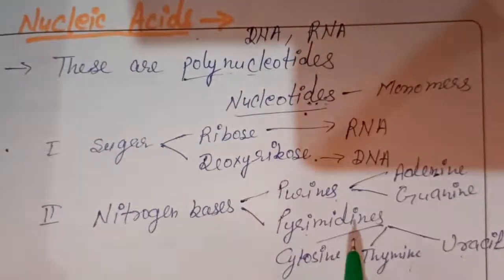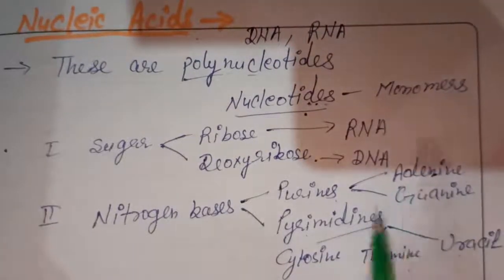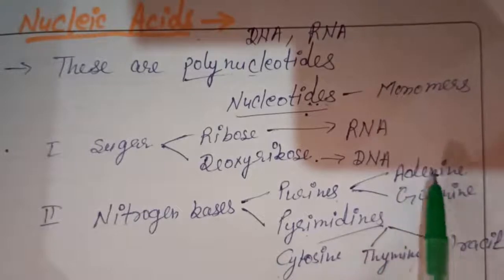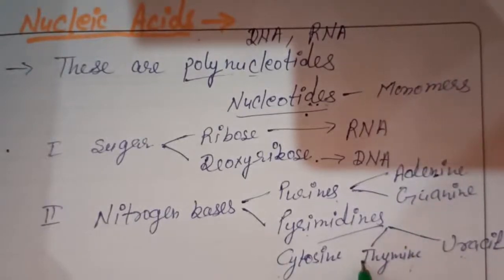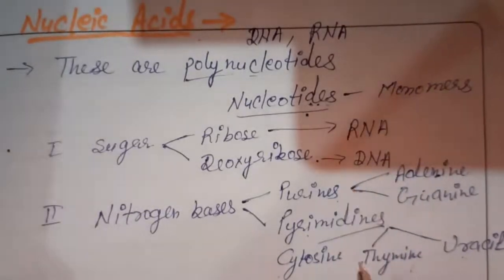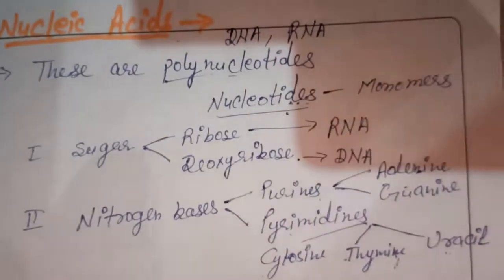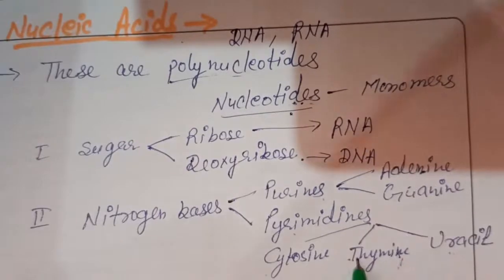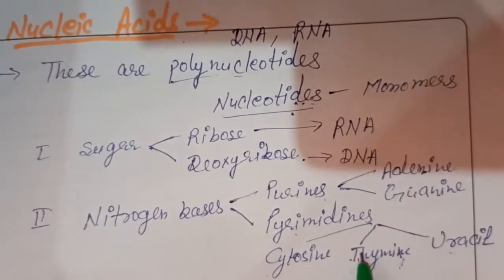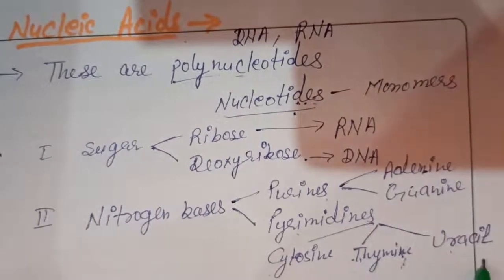Right, now adenine, guanine, cytosine, thymine, these are nitrogen bases which are present in DNA, and in case of RNA, in place of thymine, uracil is present. Okay, in RNA this thymine is not present. What is present in place of thymine? Uracil is present.